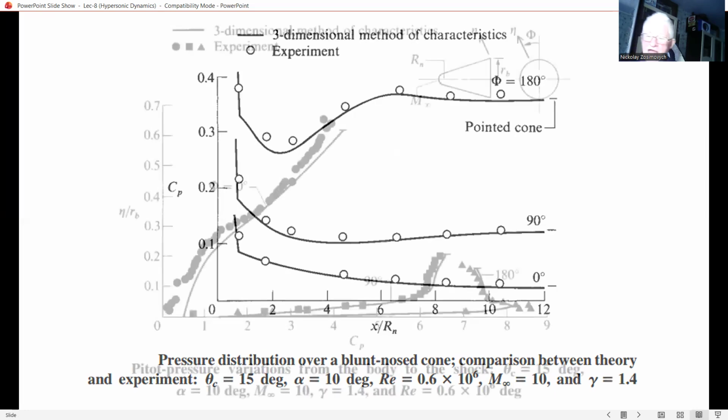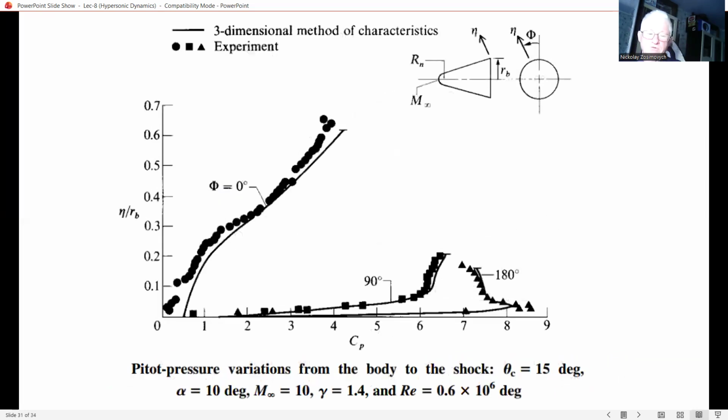And this next figure shows the variation of pitot pressure in the flow field, namely along lines locally perpendicular to the body and extending from the body to the shock wave.